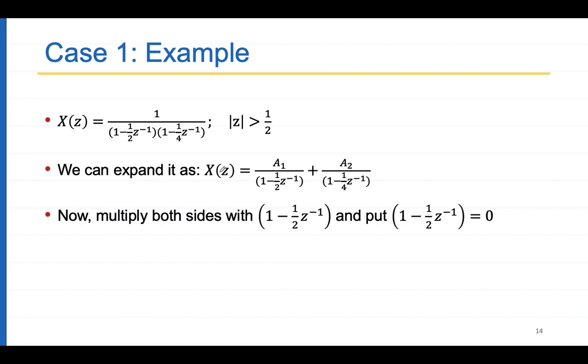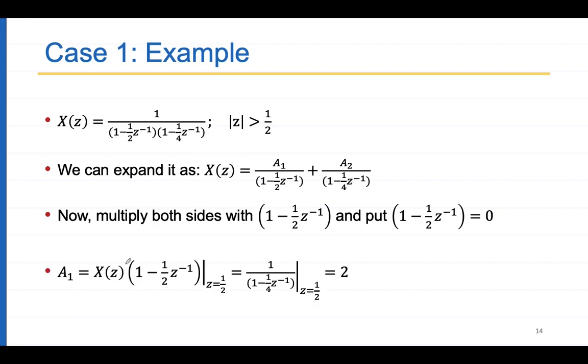X(z) times this term gives you a term where the pole and zero get cancelled, and you get some non-zero number. On this side you get a1, which is again a non-zero number, but for the other term, this will become 0, so you get rid of it. So basically you simply get a1 equal to X(z) times this term when made equal to 0.